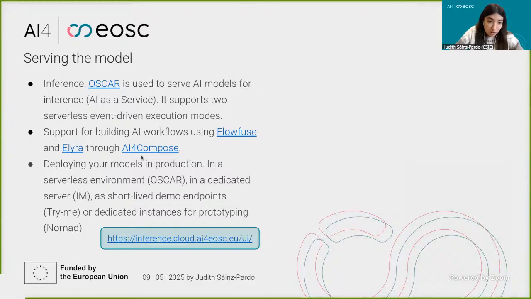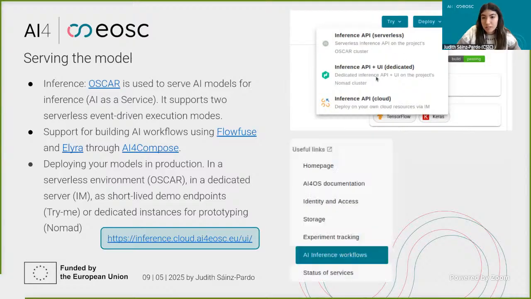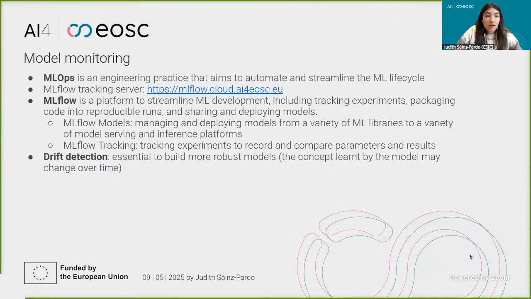And as I have already stated, in case you want to use a serverless environment for serving the model, users can use OSCAR. Also, they can do it in a dedicated server or trying the short-lived demo endpoints. So here you have the different options that you may have for inference.